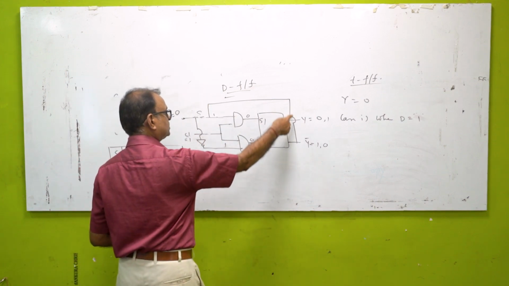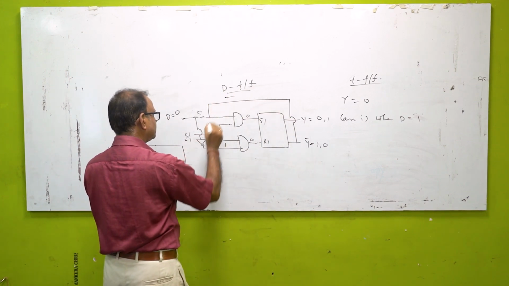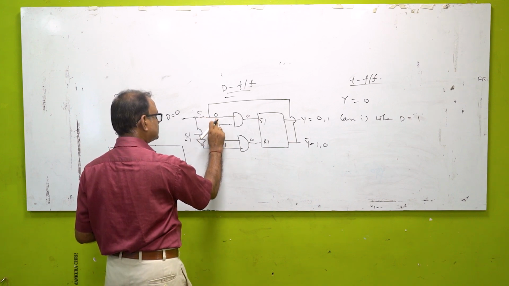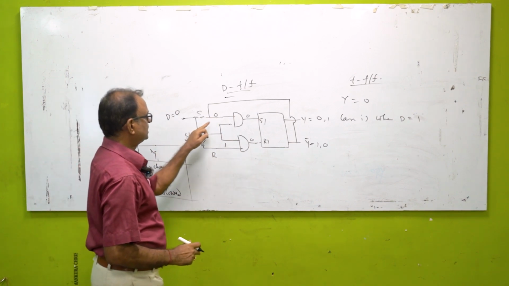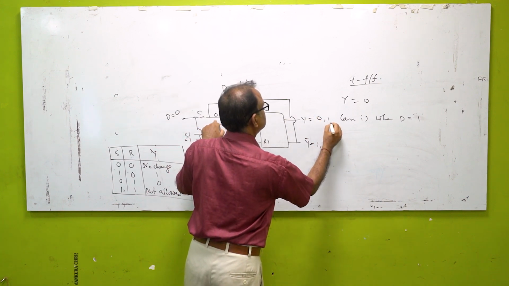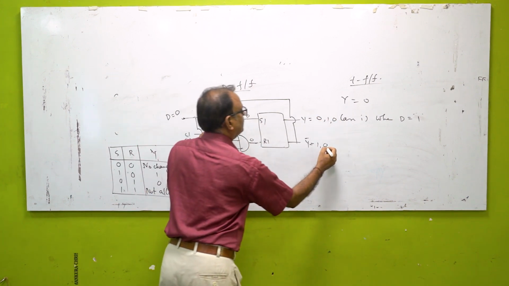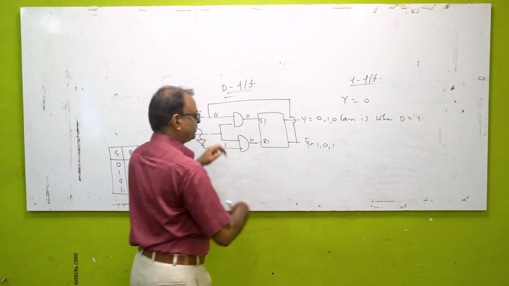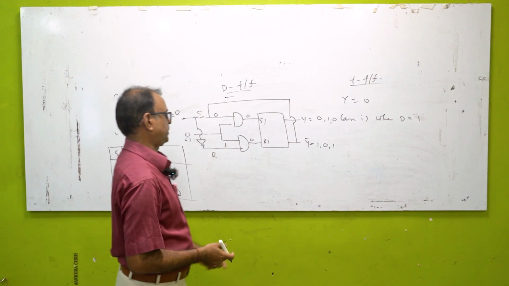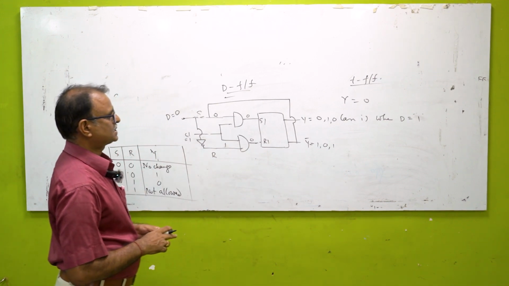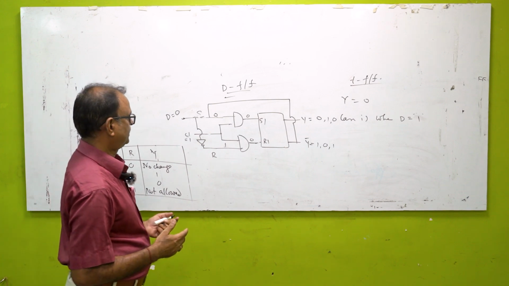If Y bar becomes 0, this 0 will be coming over here, and then this S terminal will become 0, and as soon as the second clock pulse arises, this 0 will be transferred to the output, so it will become 0, and obviously Y bar will become 1. It means the output of this flip-flop is toggling between 0 and 1. That is why this is known as the toggle flip-flop.